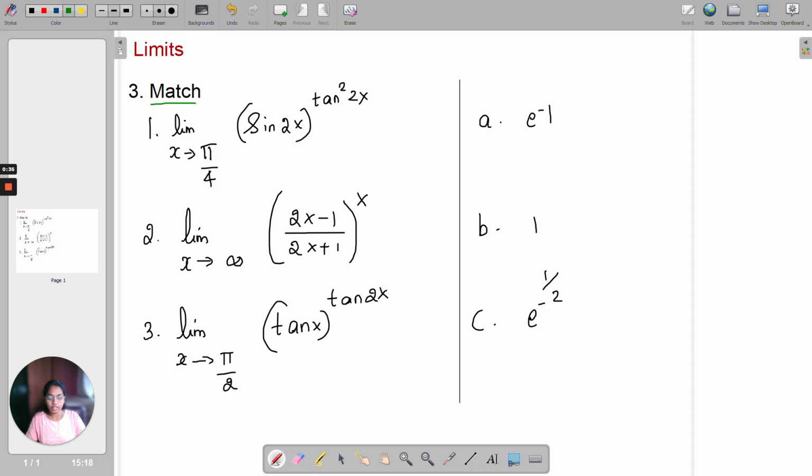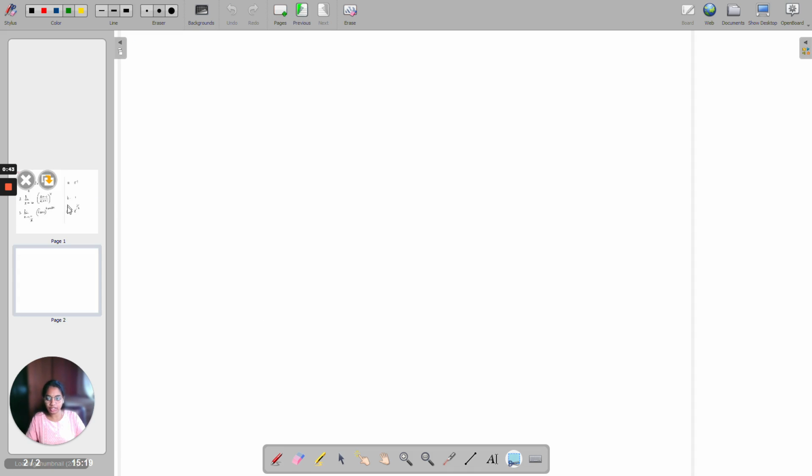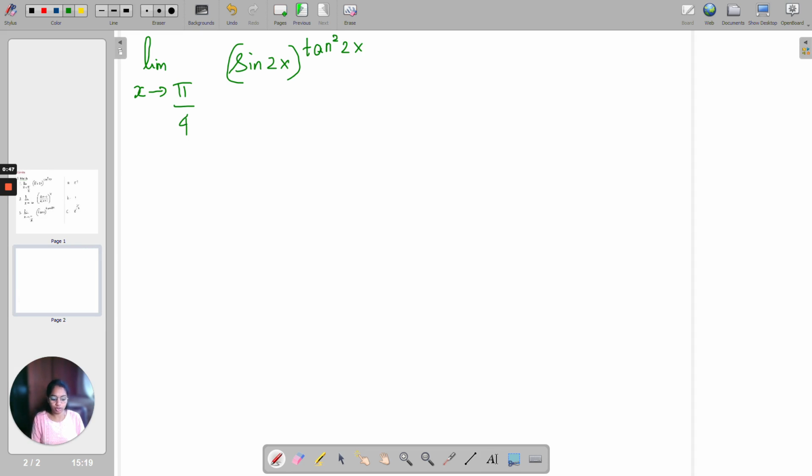Okay, so for that, let me write down the first question. The first question is limit x tending to pi by 4 of (sin 2x) to the power tan square 2x. Right? So now what do I do? I have this question in the form of a power b.